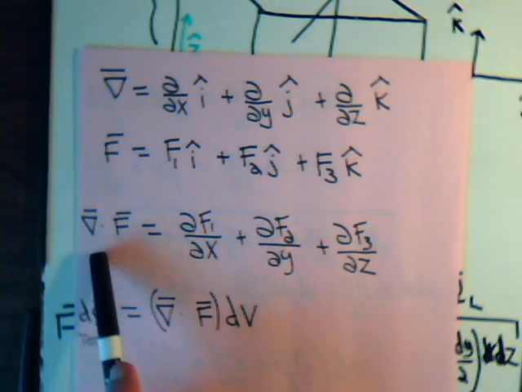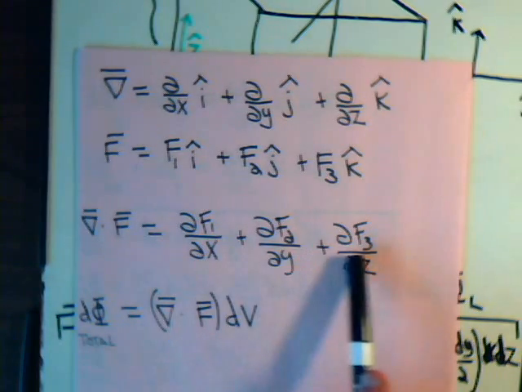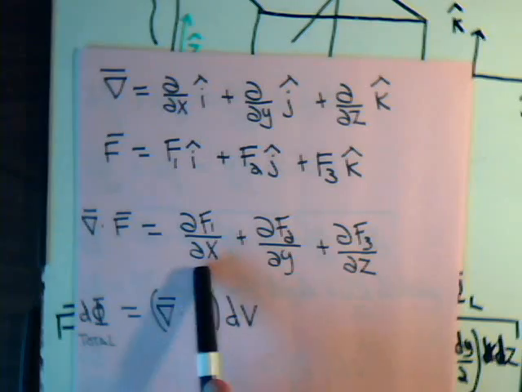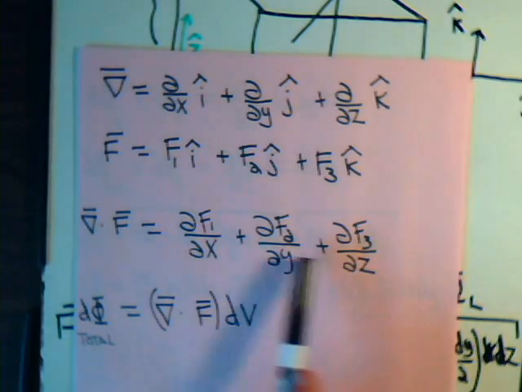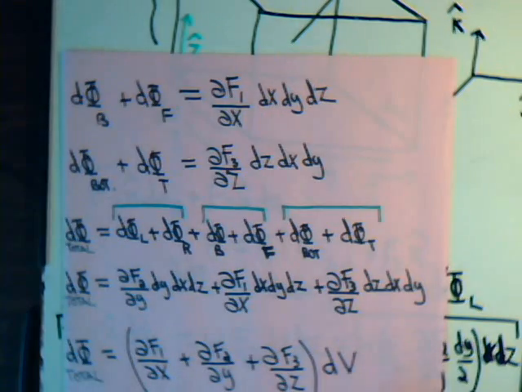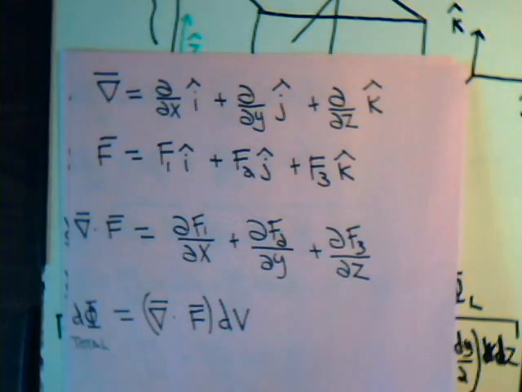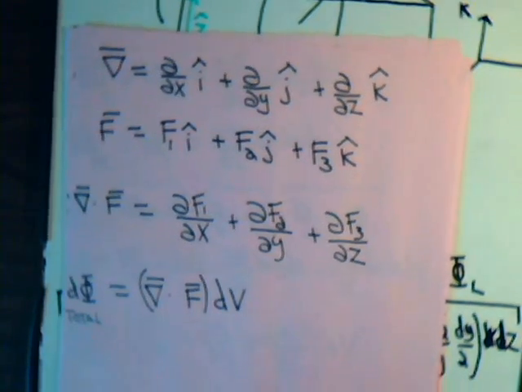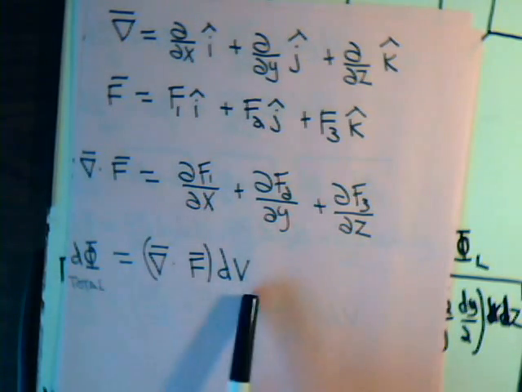And the dot product of the del operator with the vector gives this expression, this is called the divergence of the vector. But now you can see this is exactly what we had right here. So now we have, for our cube, the total differential flux is equal to this expression.